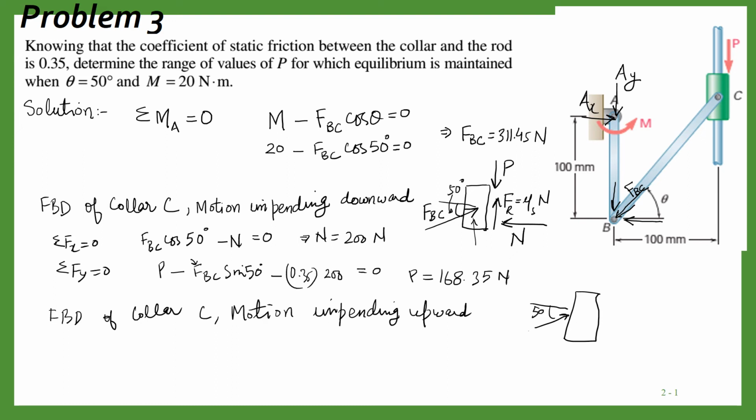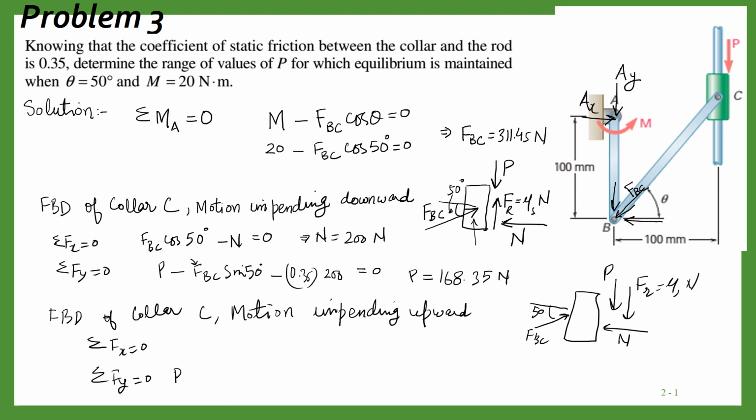So here we will have FBC at 50 degree, then we have P, and friction force will again act downward. So this is the friction force, again mu s N, and here we will have N. So again summation of Fx is equal to 0, summation of Fy is equal to 0. So this equation will remain same.